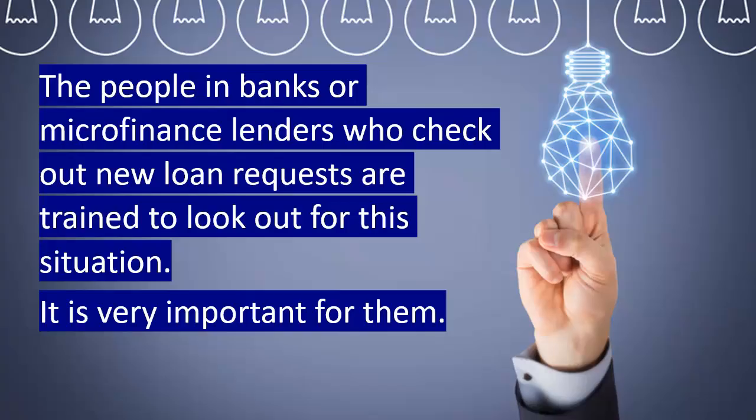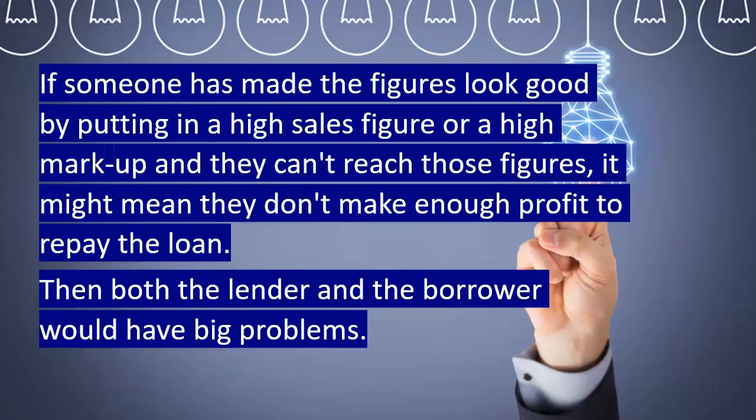It is very important for them. If someone has made the figures look good by putting in a high sales figure or a high markup, and they can't reach those figures, it might mean they don't have enough profit to repay the loan. And then both the lender and the borrower would have big problems.